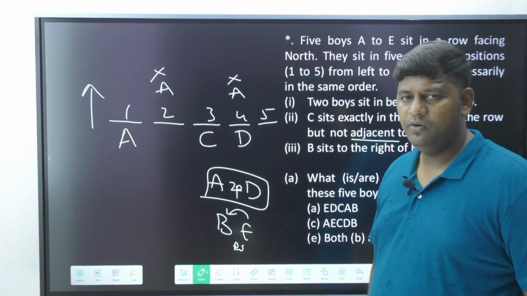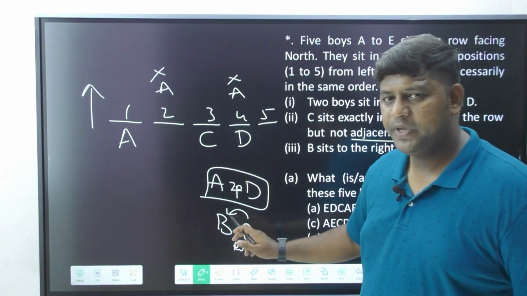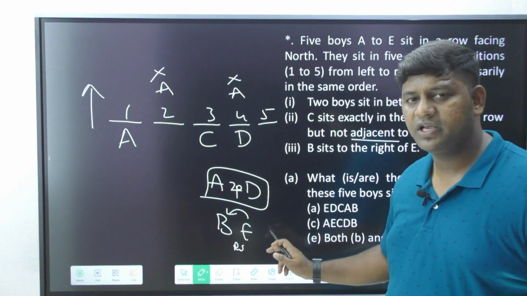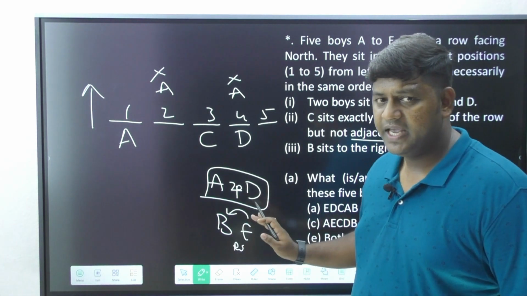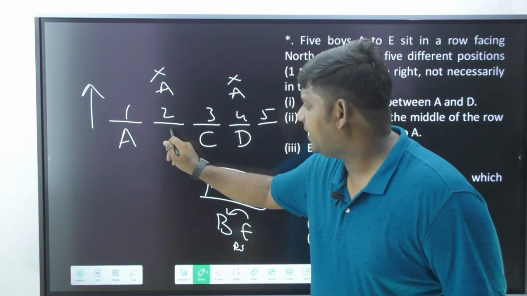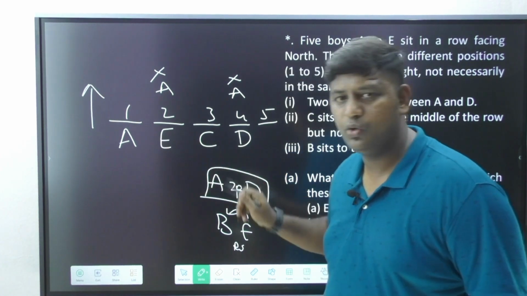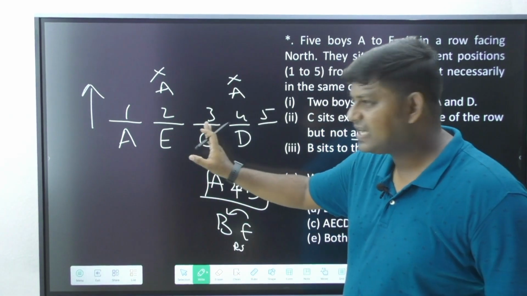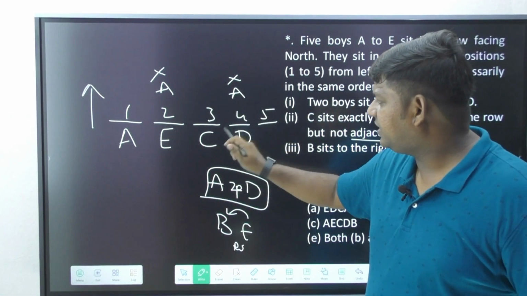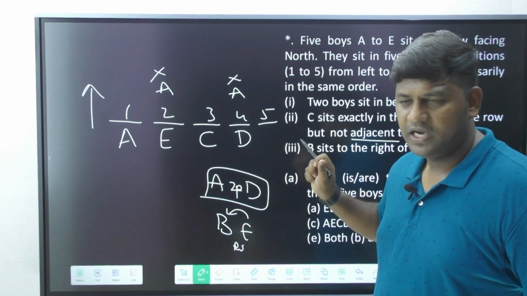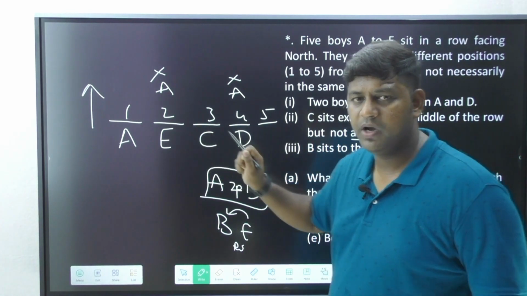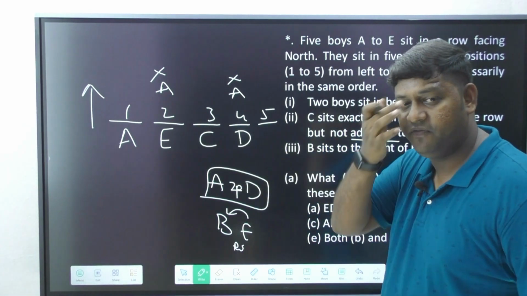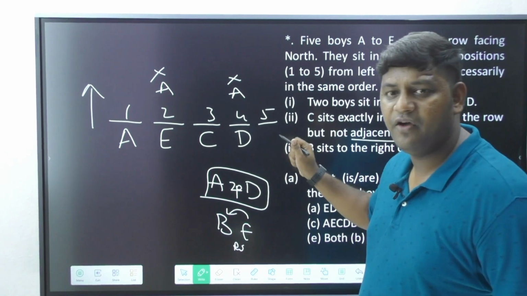Clear? Now the next information, B's right side E should come, or E's right side B should come? E's right side. Now if I place E at position number 2, imagine E is facing north direction. E's right hand side means 3, 4 and 5. Instead of placing E at position number 2, if you brought him at position number 5, you cannot have right side.